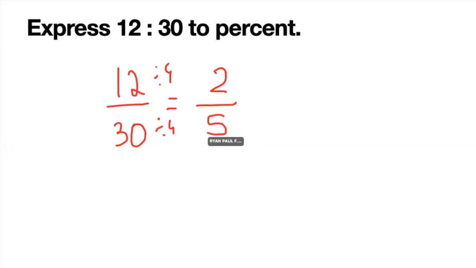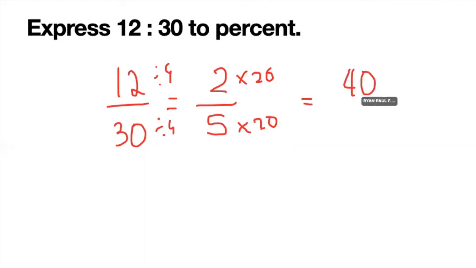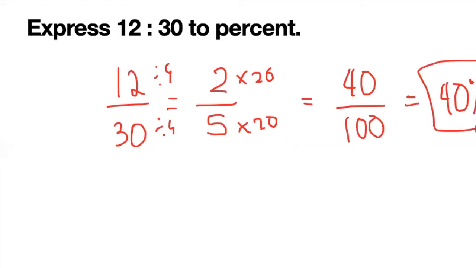From there, we can change it to percent by multiplying the numerator and denominator by 20, so that we will have a fraction in hundredths. So we have 40 over 100, which is also equivalent to 40%. So again, the answer for the second one here is 40%.